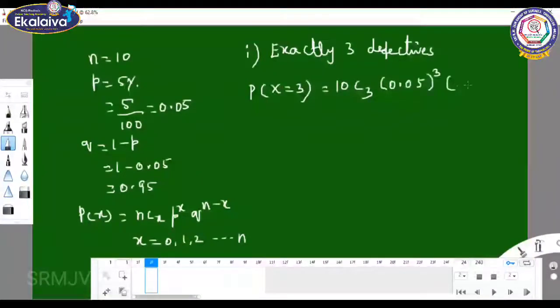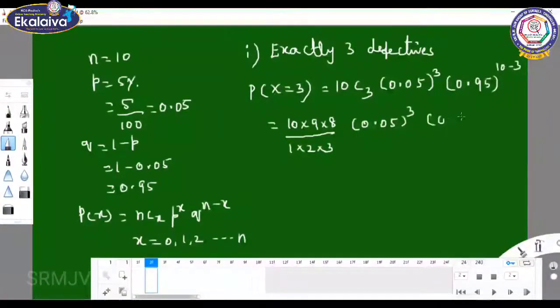The q value is 0.95 whole power 10 minus 3. So 10C3 is 10 into 9 into 8 by 1 into 2 into 3, into 0.05 whole power 3, into 0.95 whole power 7. 3 ones are 3, 3 threes are 9, 2 ones are 2, 4 twos are 8. So it gives 120.